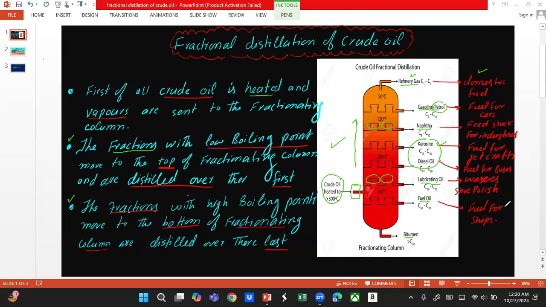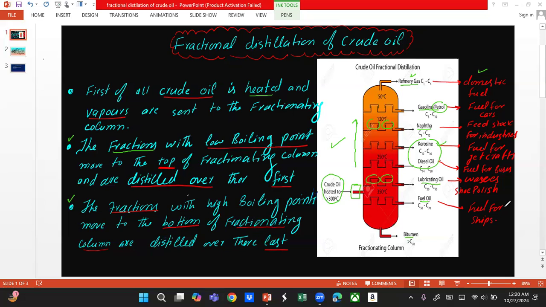You will have to write that it is used as fuel for cars. If it is given fuel for ships, you have to write fuel oil in the starting column. Hope you understand. This is very easy, and you can easily get 100% marks in this topic.